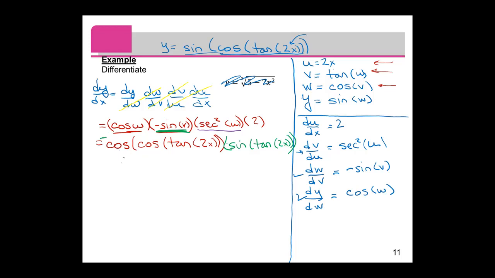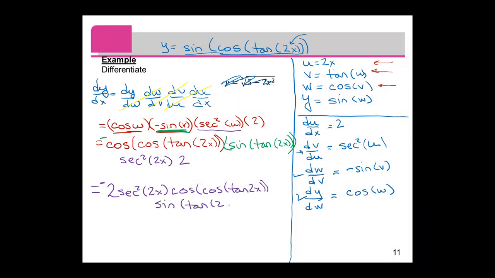So I'm going to multiply this by secant squared of 2x. And then I have this 2. So I'm going to rewrite this as negative 2, and I'll just write secant squared of 2x out front. And then it doesn't really matter the order. Cosine of tangent of 2x times sine of tangent of 2x.